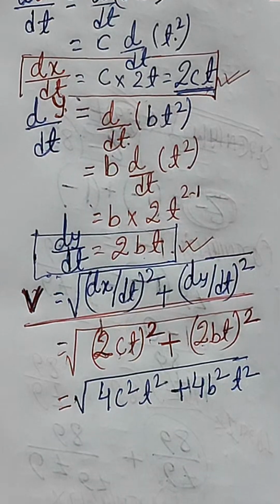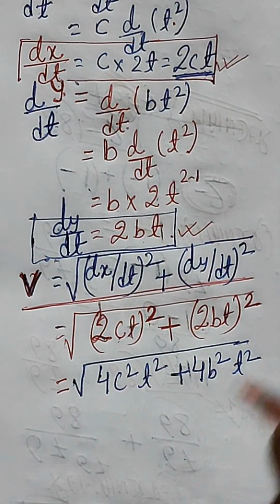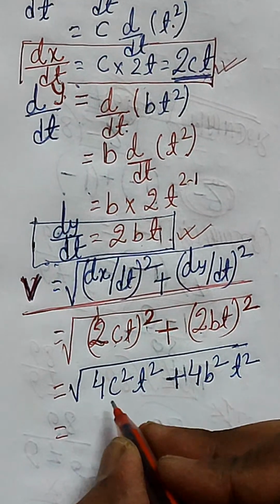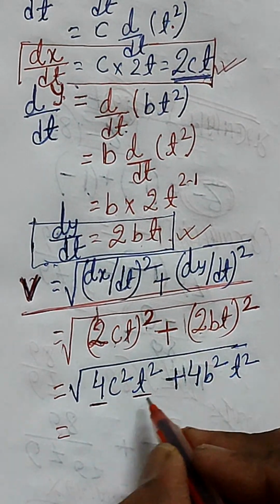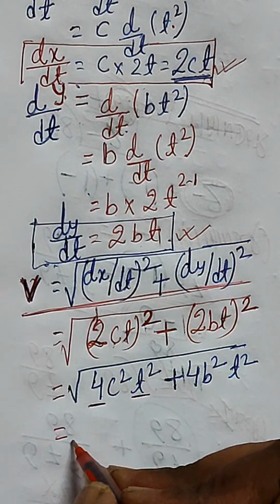And when you further solve it, you can see 4 and t square is common.